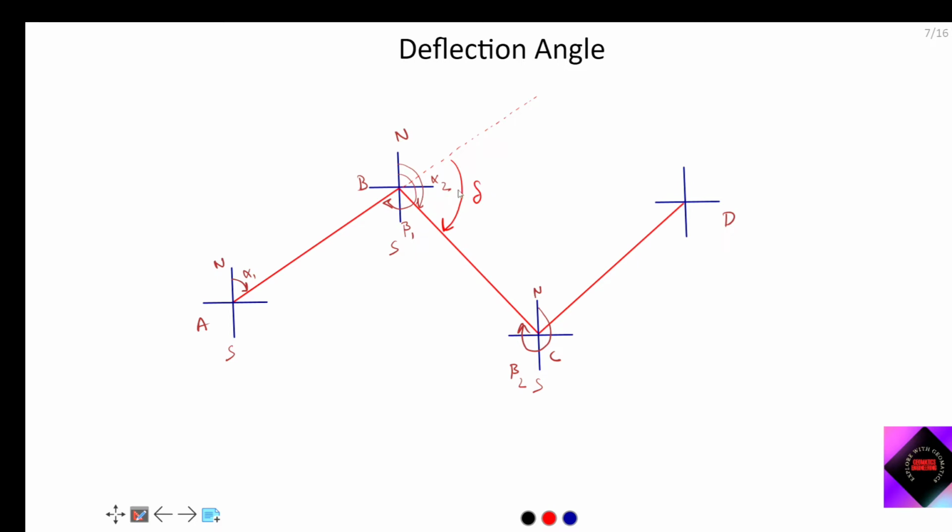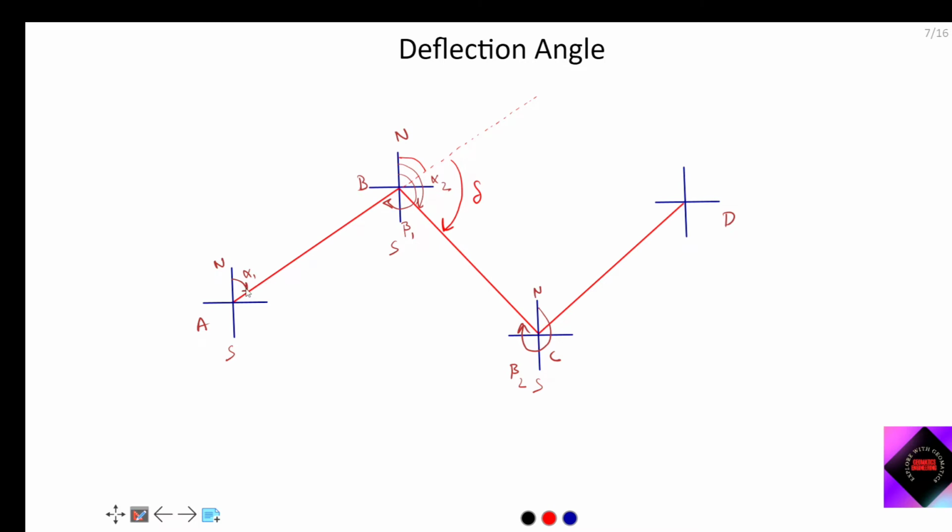Can I say that this much angle is nothing but total alpha 2 minus this much angle? If we do that, we will get this del value. Can you see it here? This one is parallel, this one is parallel, and this one is the intersecting line.